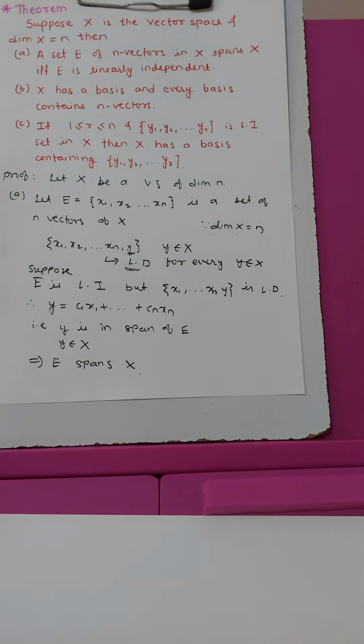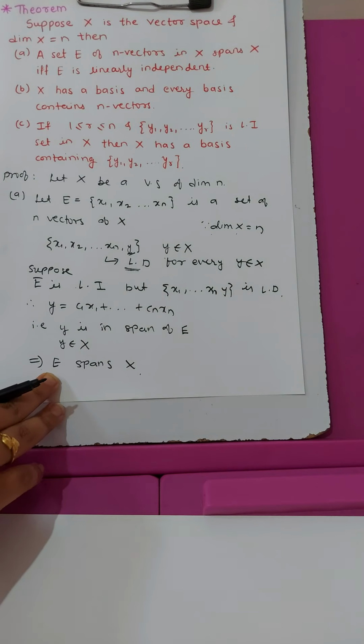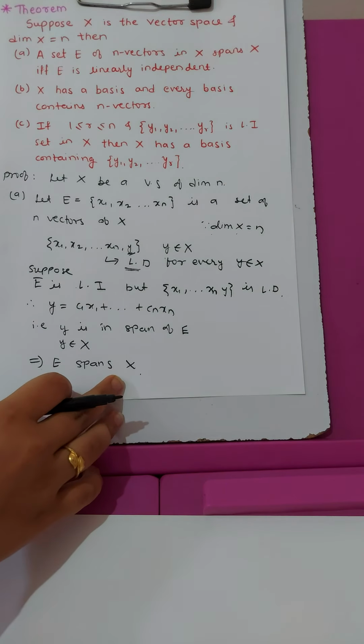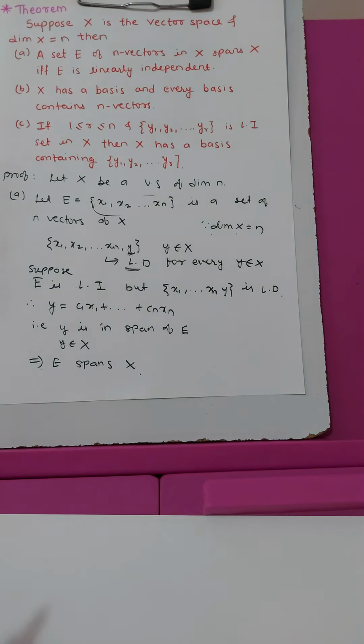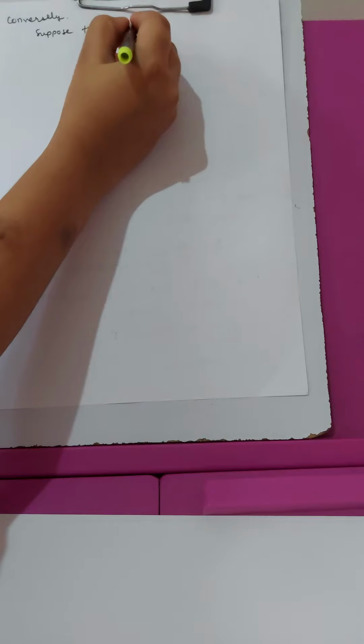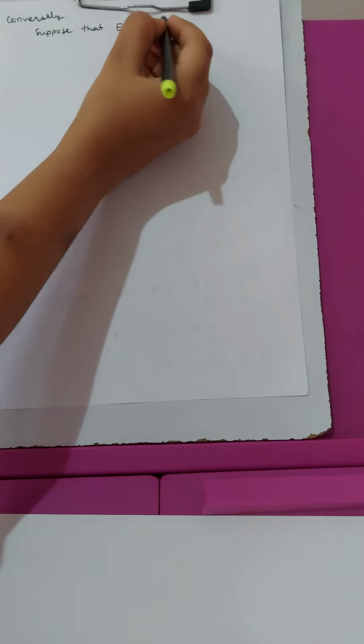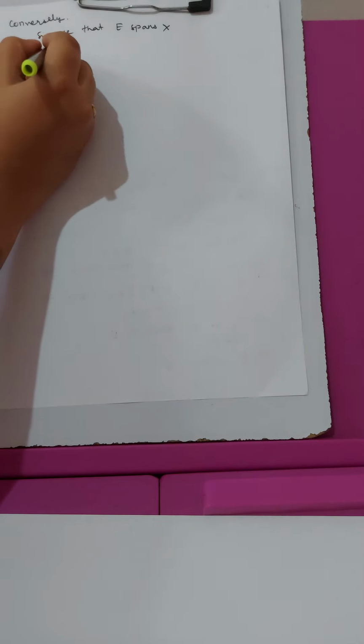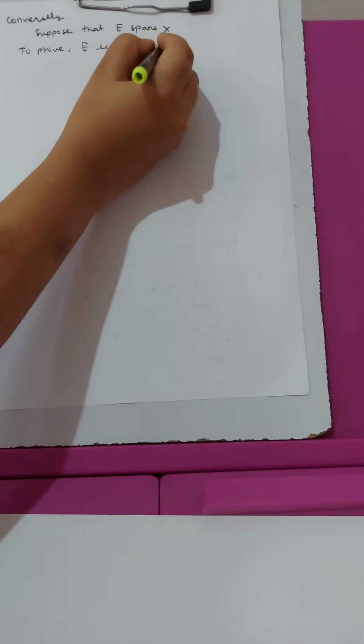Now conversely we have to prove that if this set E spans X, then this set is a linearly independent set. Now conversely, suppose that the set E spans X, and we have to prove that E is a linearly independent set. So first we will assume that E is linearly dependent.